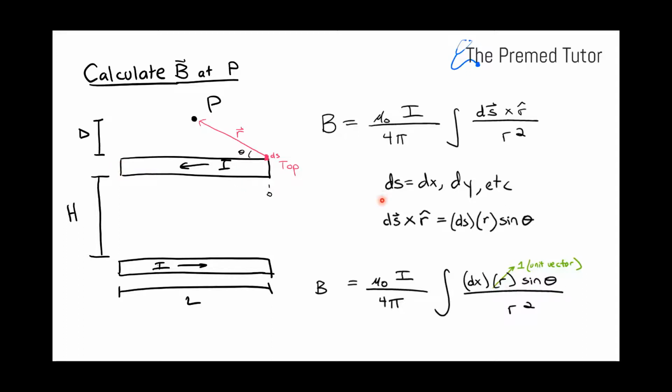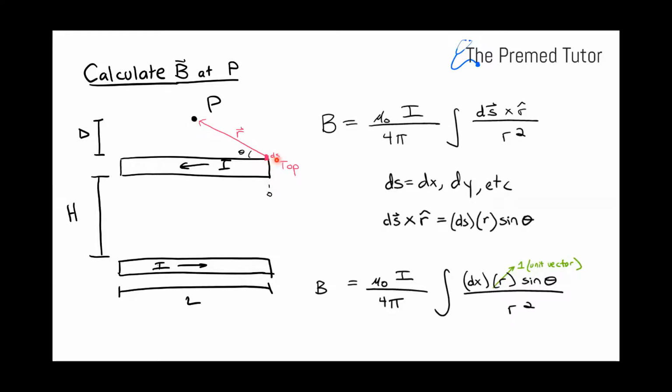The second point before jumping in and solving is considering what this cross product means. So cross product means that we want to take the magnitudes of ds, which is our first variable, times r, our second variable, and multiply it by the sine of the angle between those two vectors. So I've drawn a sample ds here. This is a sample r vector.